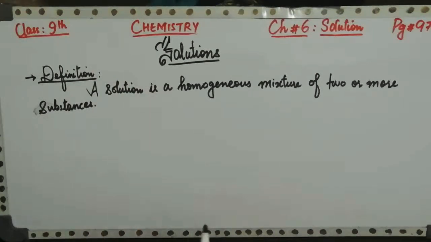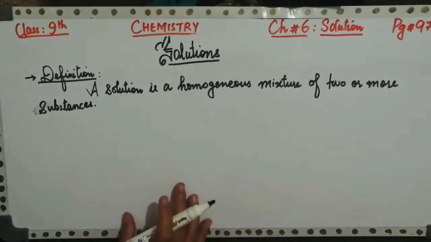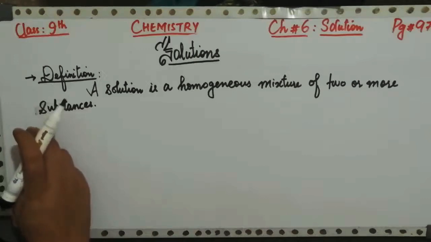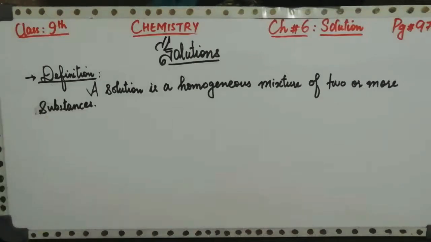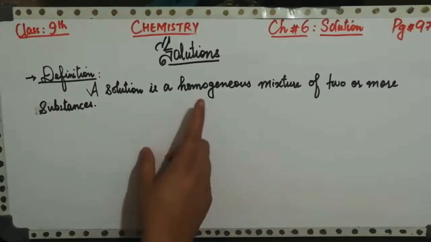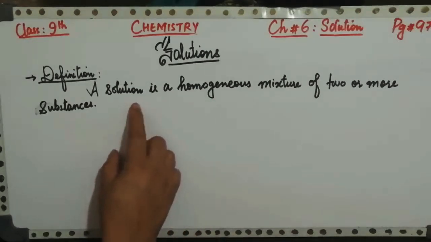Now there are many types of solutions, as I told you in the previous point, that 9 types of solution in which you can write any example of your choice, and the boundaries of the component cannot be distinguished, that is solution exists as one phase. You can also say that there is no identification of the substances which are present in that homogeneous mixture making the solution.